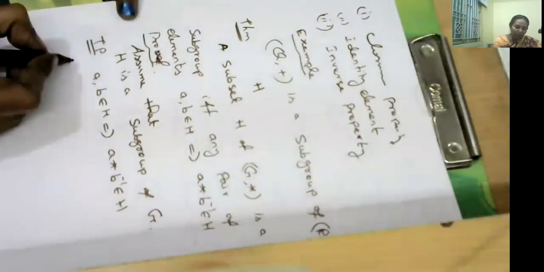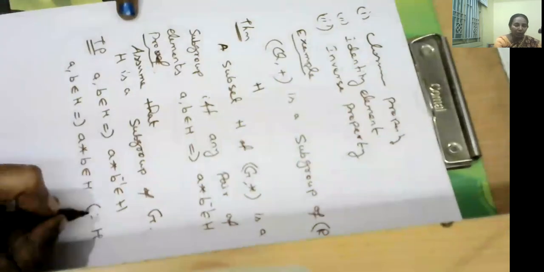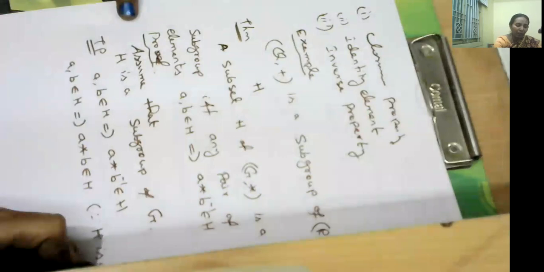So here, a, b belonging to H implies a star b belongs to H, since H is a subgroup of G and it satisfies the closed property.